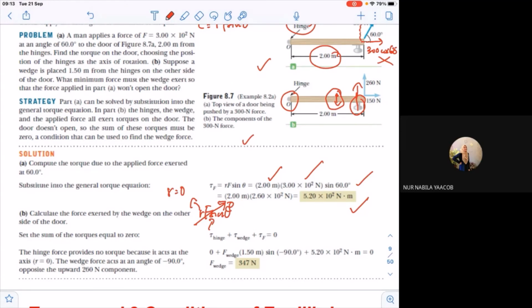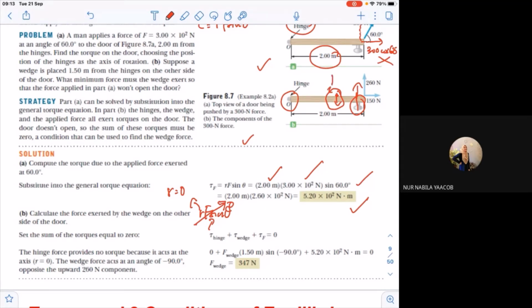So everything that relates to the force, you need to calculate. This man is applying a certain force, and of course he puts a wedge at the back of the door in order to hold the door so that it cannot be opened. So that is also considered a force.